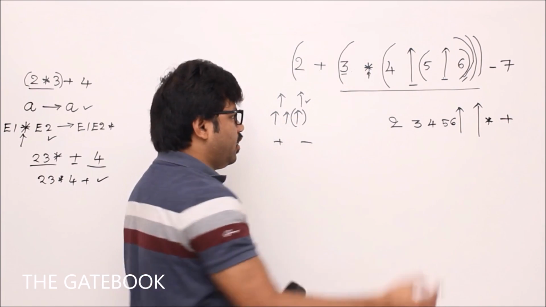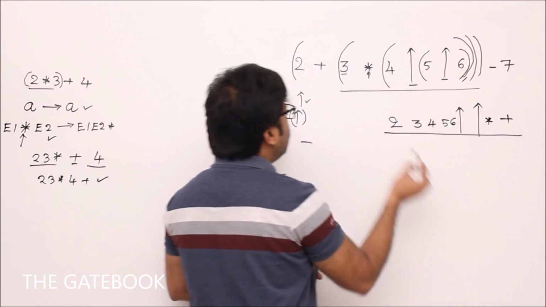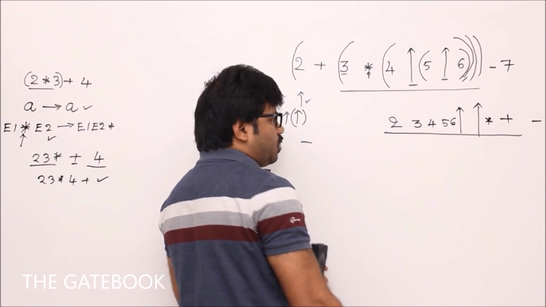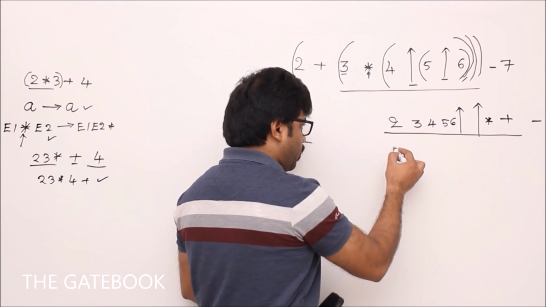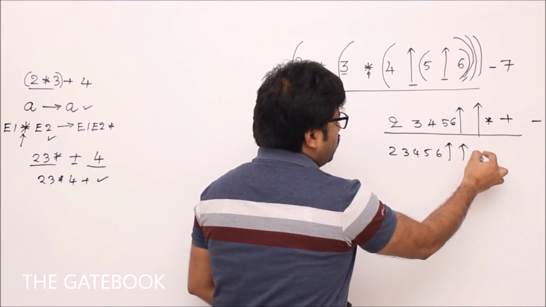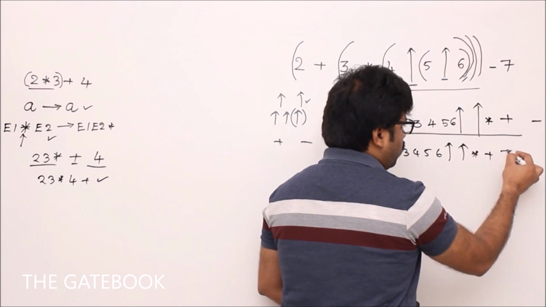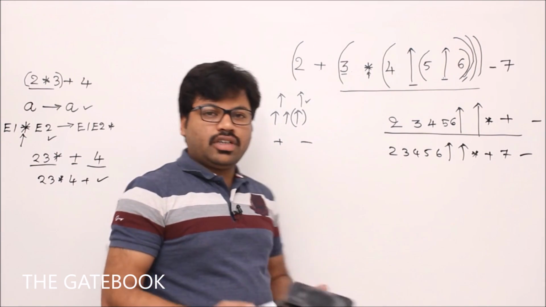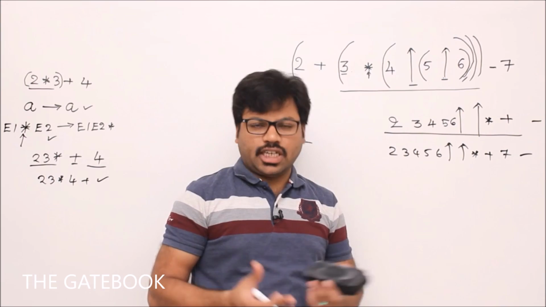Now you see the remaining thing, this entire thing is expression 1. What is the remaining thing? Minus 7. How to do that? Expression 1 minus expression 2. Expression 1 is 2 3 4 5 6 power star plus, expression 2 is 7, operator minus. In that way we can convert any infix expression to postfix expression.